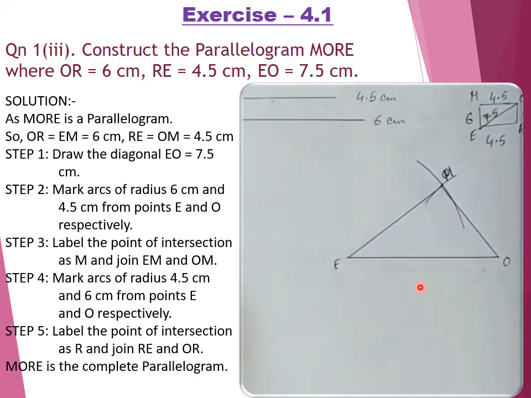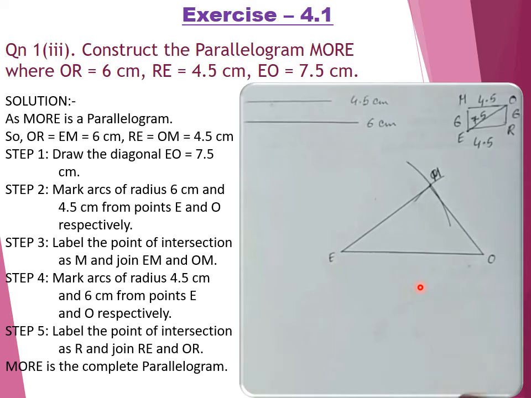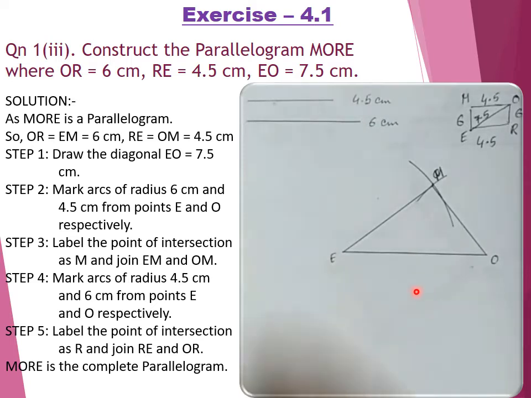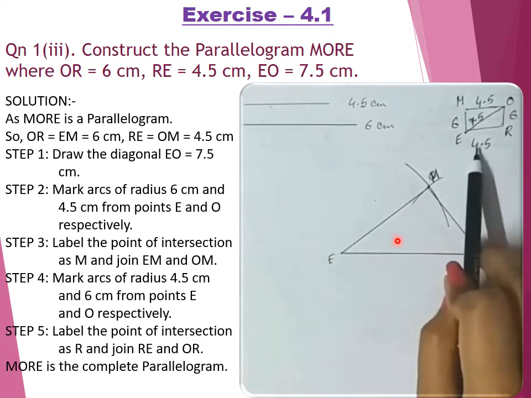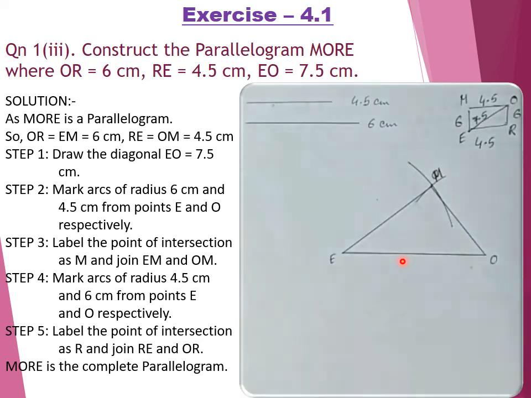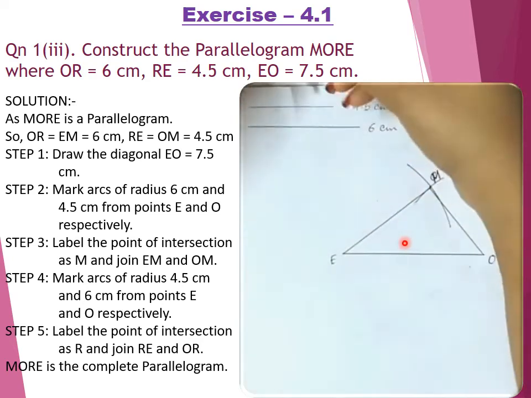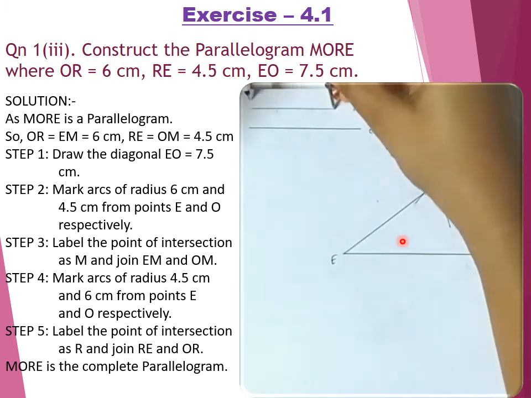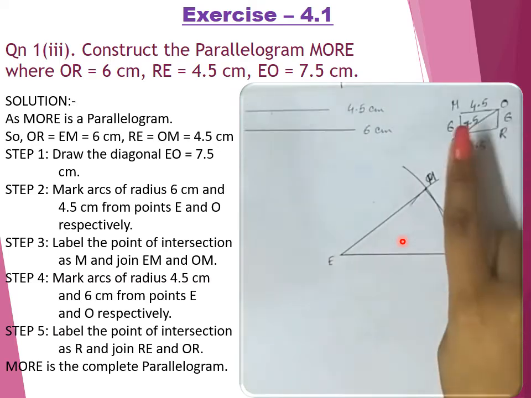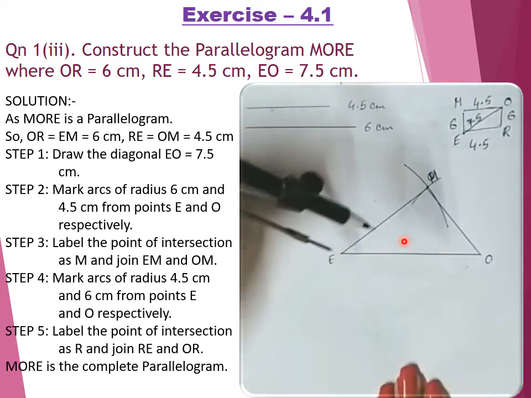Now that we have got one part of the quadrilateral, we will now focus on the other side. ER is given as 4.5 centimeters, so we'll take an arc radius of 4.5 centimeter, and from point E we will draw an arc.